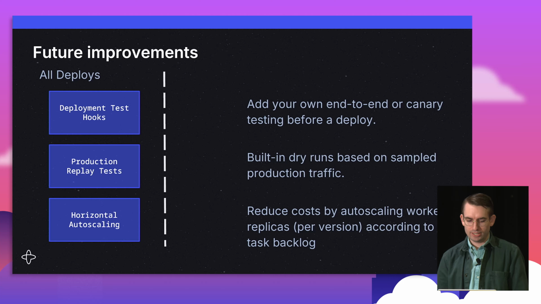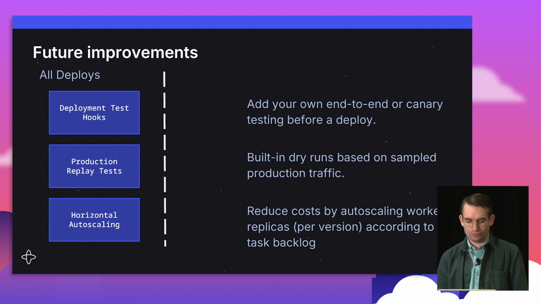We also would like to be able to do production replay tests. So Drew's going to talk about this a little bit more in a moment, but we want to be able to find out if any workflows are actually incompatible before we roll out a new version, if you have really long-running workflows that you want to make sure can actually move between versions safely.